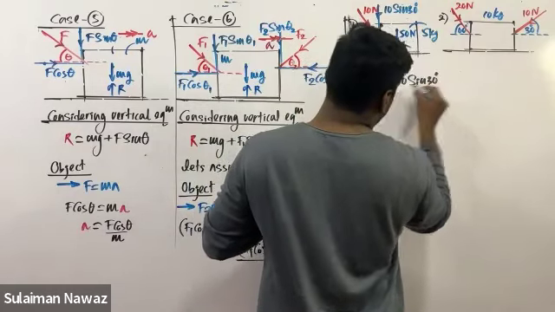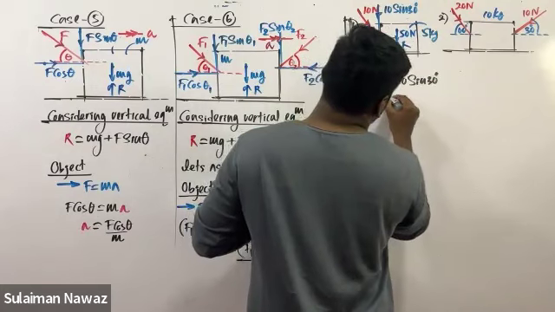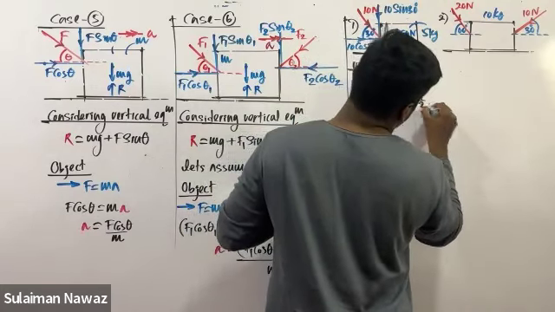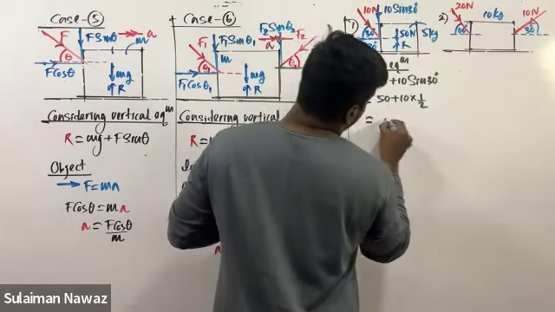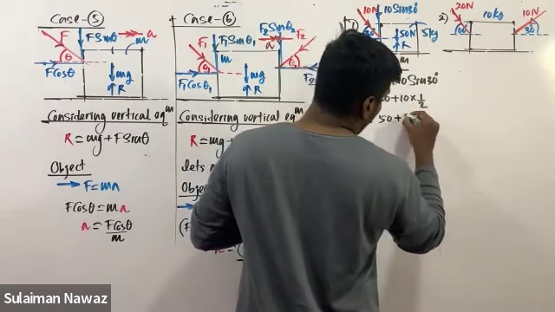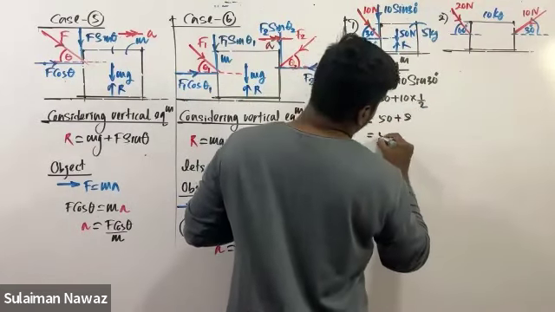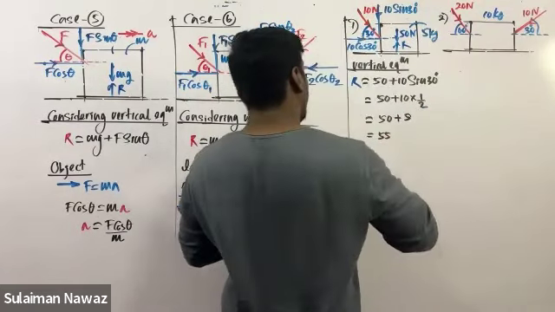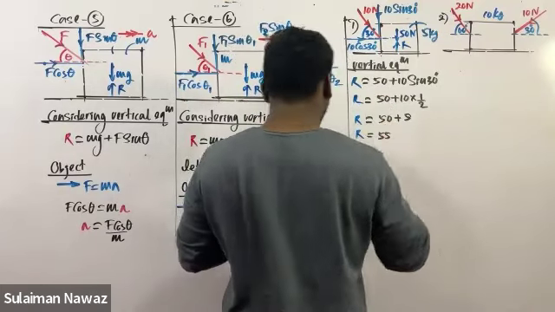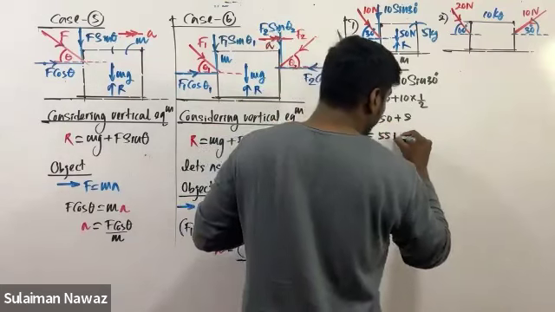What is the value of sin 30? Sin 30 is half. So 50 plus 10 over 2, which is 5, gives 55. The normal reaction force acting on the object is 55 newtons.